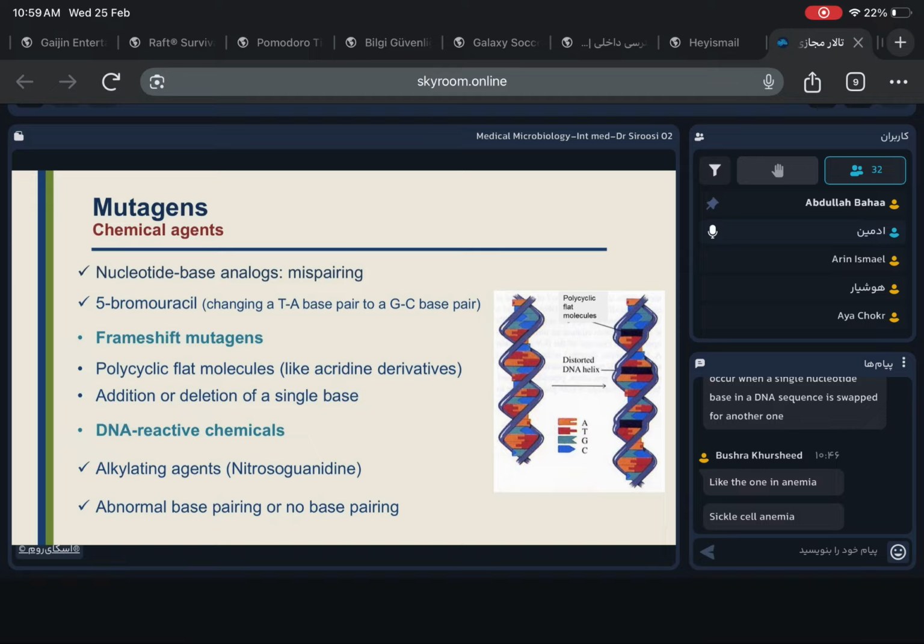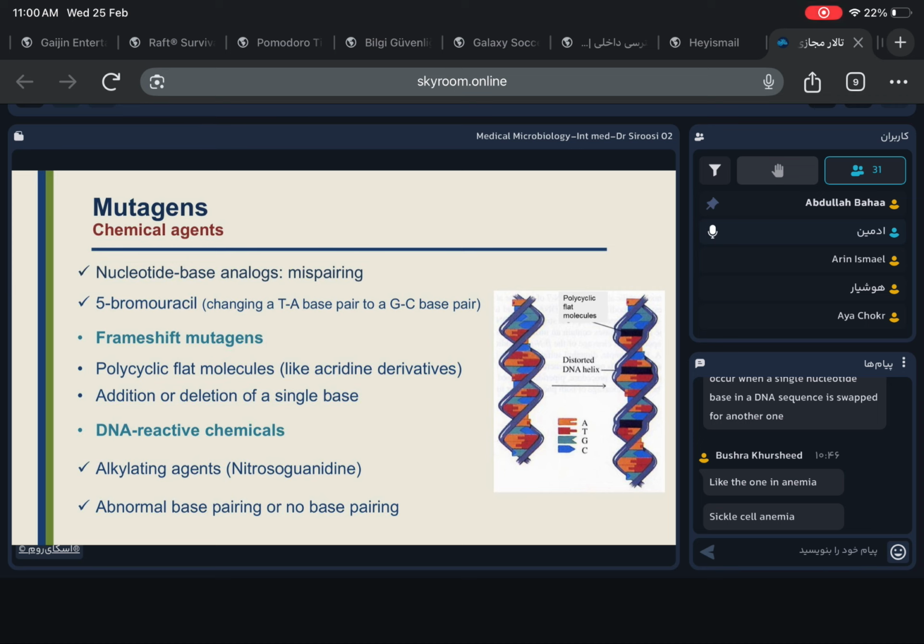Basically, this change in the spacing between base pairs makes the DNA polymerase make mistakes. As I said, they make DNA polymerase insert or delete only one nucleotide during replication, and that's why we have frameshift mutation because of these types of chemical agents.